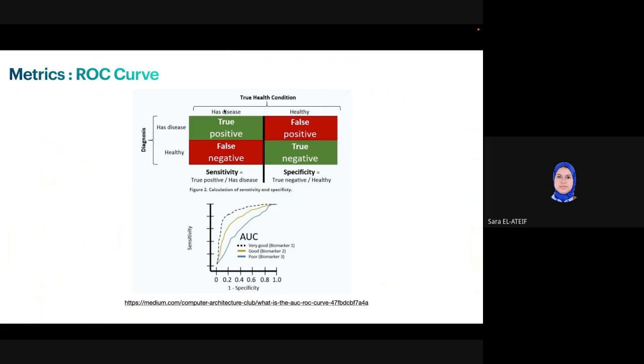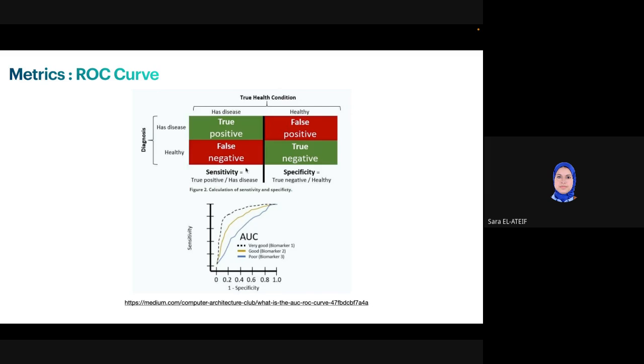If someone has a disease but is diagnosed as healthy by the model, then this is a false negative. This means this is a false alert. But if someone is healthy and they are classified as healthy, that is what we call the true negative. That is, they do not have the disease we're looking for, and indeed the model predicted they did not have the disease.